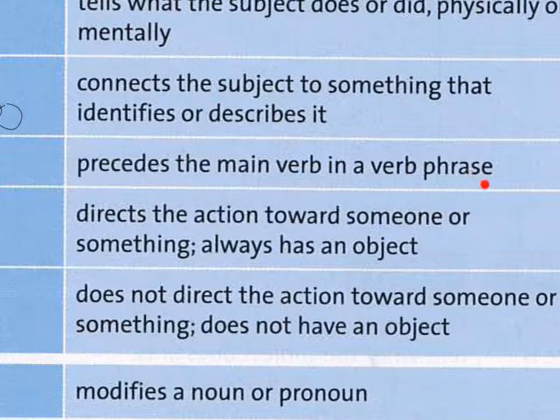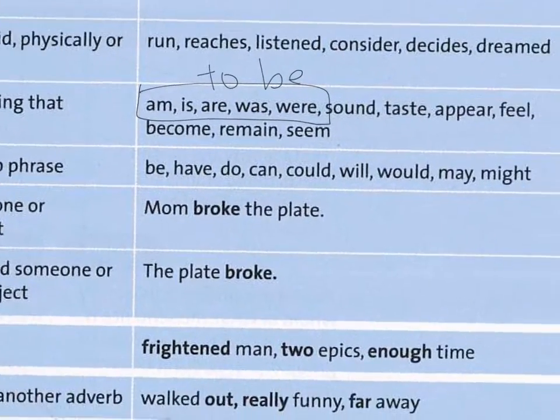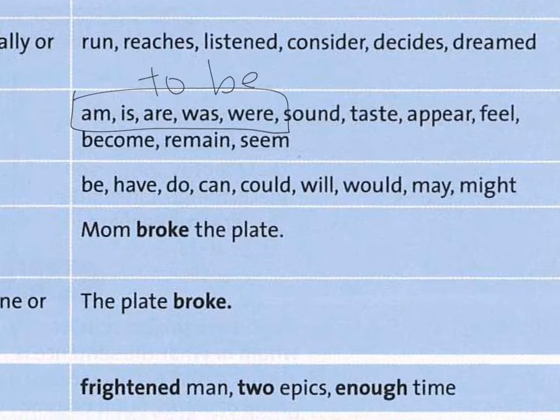So if there's a verb phrase, the auxiliary verb comes before the main verb. Let's look at the examples. So common auxiliary verbs include be, have, do, can, could, will, would, may, and might.